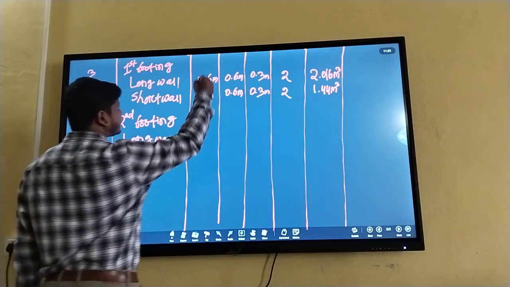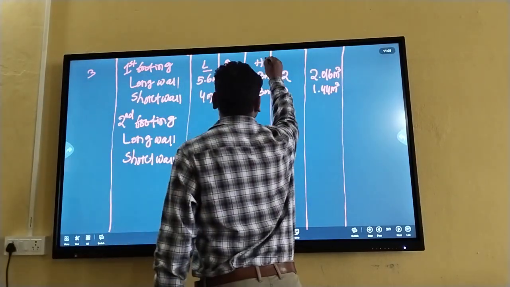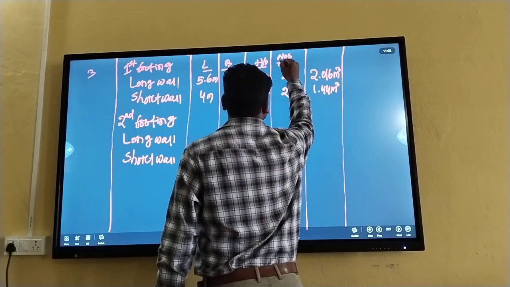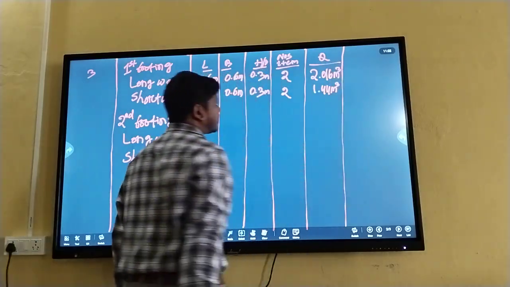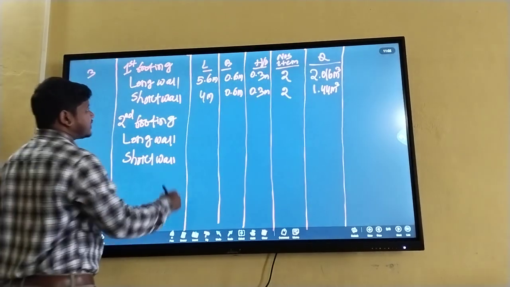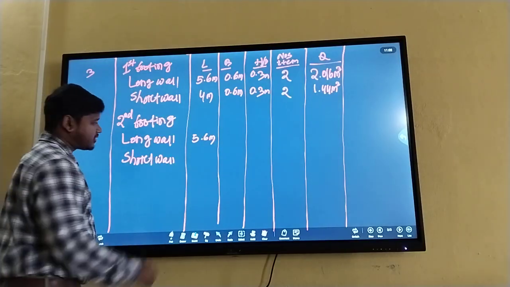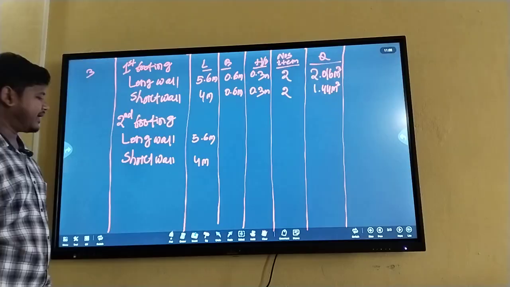The length of long wall is 5.6 meter. Short wall length is 4 meter.